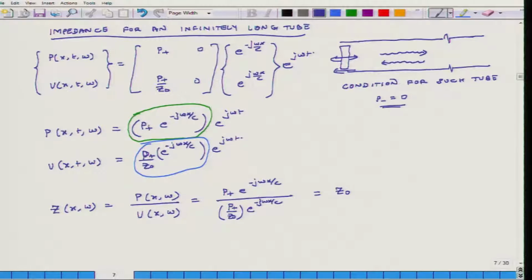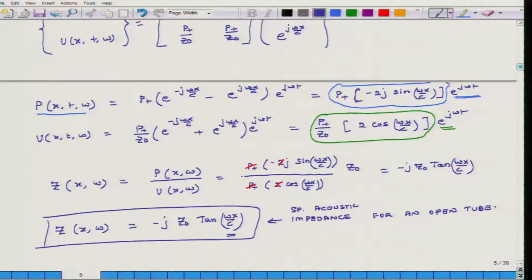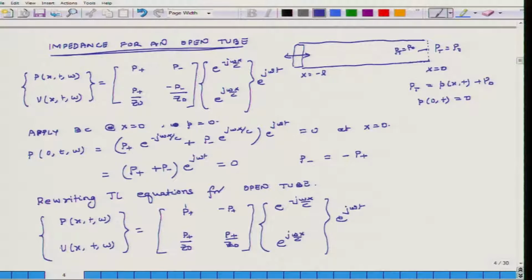The piston which is exciting the sound source generates some P plus, and when we calculate Z, this P plus cancels out, and this cancellation happens in case of infinitely long tube. It also happens in case of a tube which has an open end, right. P plus cancels out. So, the motion of the piston actually influences the nature of P plus, but P plus cancels out. So, whether this piston is moving with a velocity u, or it has a velocity something else, or it is producing a known pressure, it does not really matter.